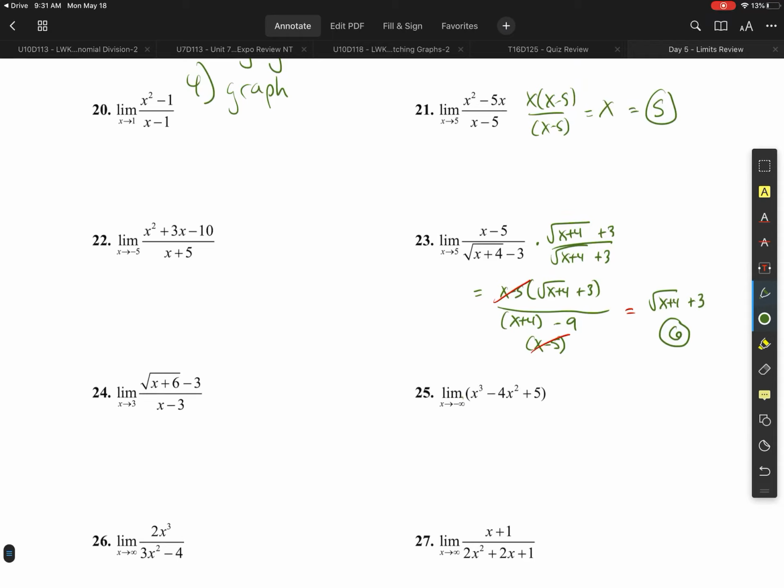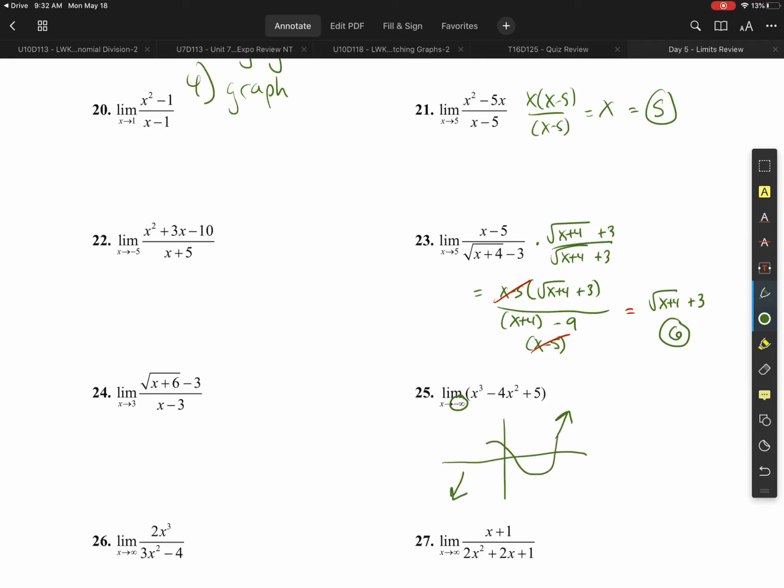All right, 25. So here, can we plug in, we're talking about infinity. All right, so the plug-in doesn't work, no factor and cancel, no conjugate. For this, I think it helps to get a visual look. All right, so what I know here is that since a positive lead coefficient, this graph's going up over here.